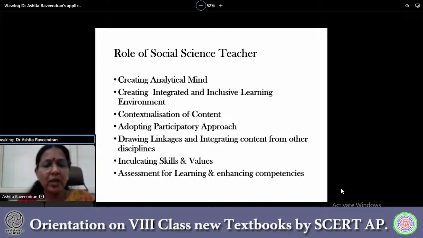Our evaluative process should be such that the child learns more and also enhances their competencies. This can be done not just through the pen-paper test. There are various ways in which we can enhance their competencies and also assess their learning.